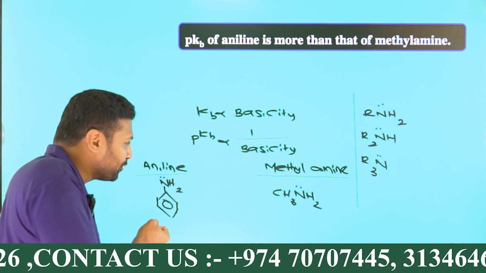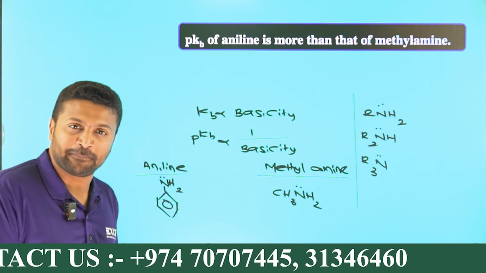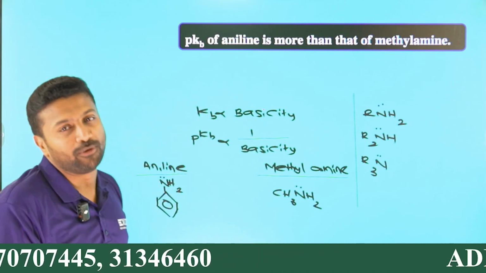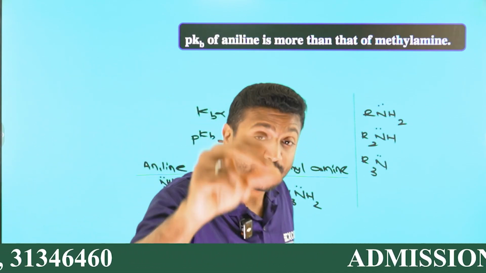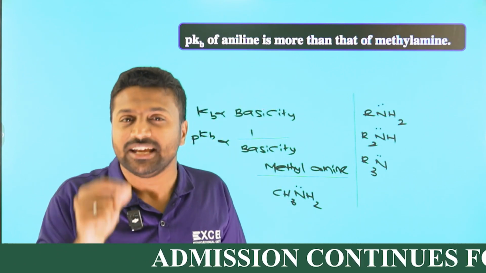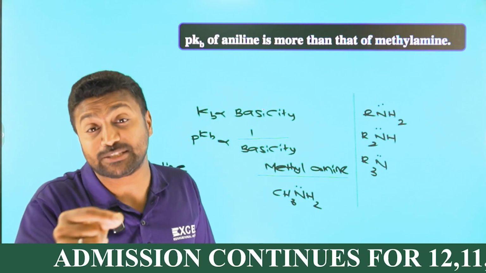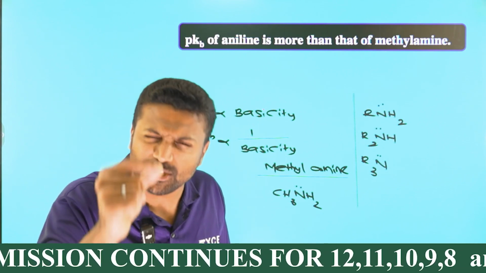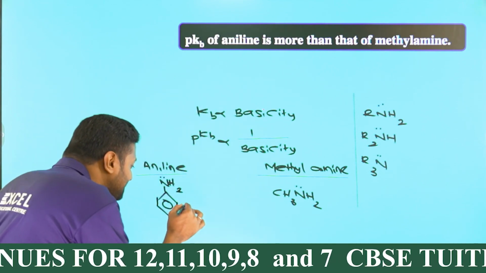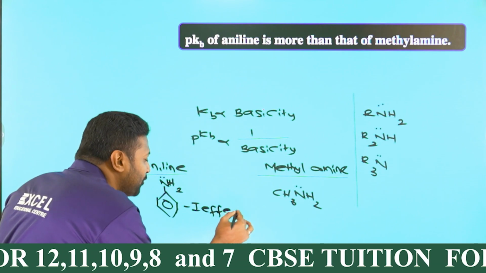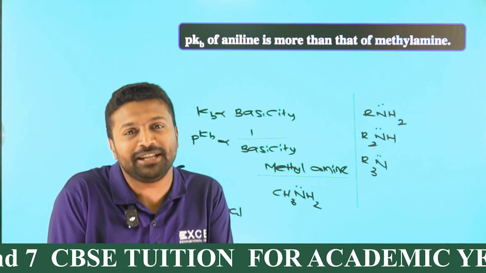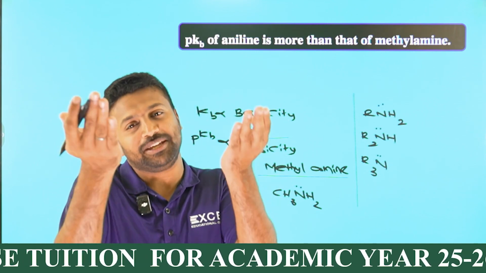It withdraws electrons, so the availability of lone pair decreases. If the availability of lone pair is less, then basic nature will be less, or the pKb value will be more.